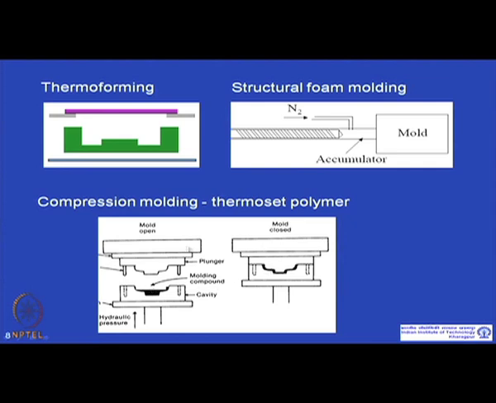You close this, compress them and close it, and once it cools, you can take out this mold and you can form this shaped article or part. So, this is in brief about compression molding.